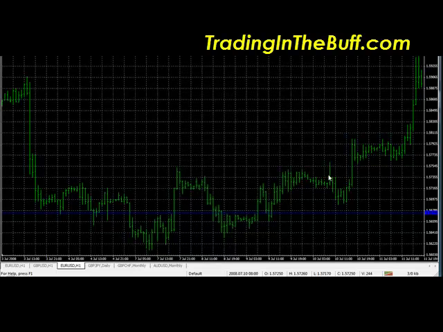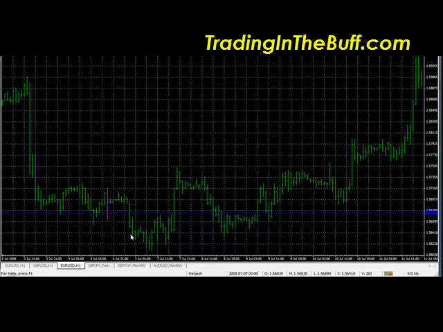Another way of doing it is seeing if another resistance area broke, in this case. Look at this 1, 2, 3 pattern here. We did break it here. You notice this 1, 2, 3 sell pattern? We broke that when we had a buy here, when we had a close above it over here. So you can just count the horizontal bars going the other way.